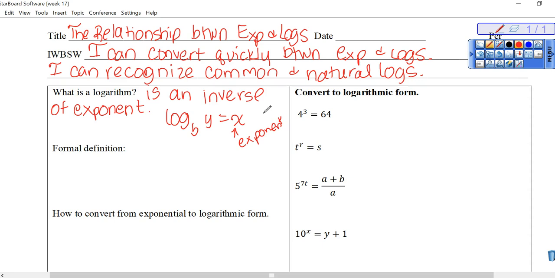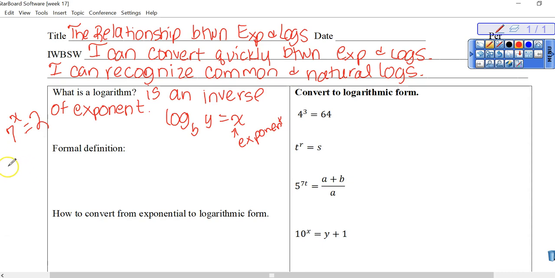And sometimes you're grateful that you can use a calculator and use a log to find an answer. So quickly, for example, what if I gave you 7 to the x equals 2, and I wanted you to tell me the approximate value of x to 4 decimal places? You can't make 7 base 2.